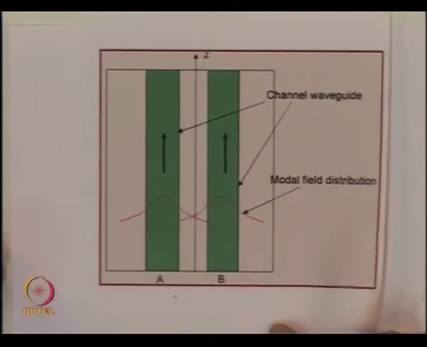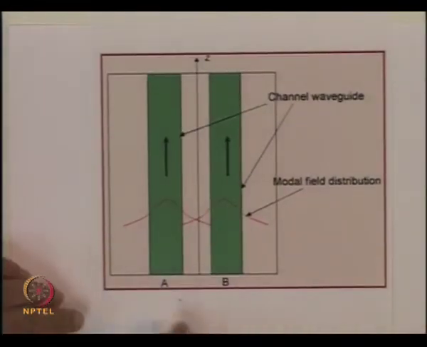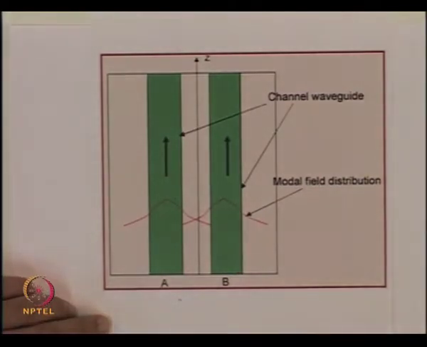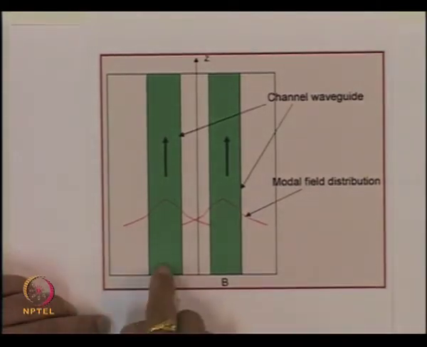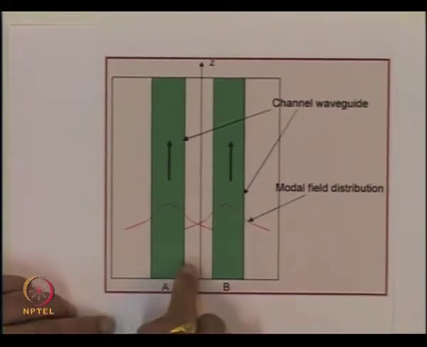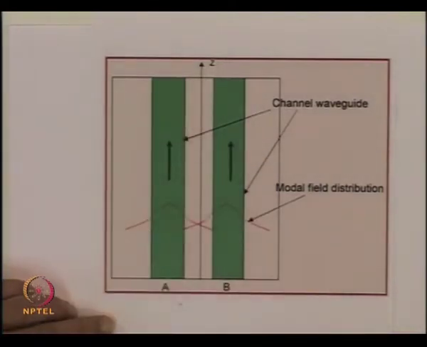So firstly, let us write down analytically, if we consider the propagation of the wave in the z direction, the signal A traveling on this waveguide A will have a variation e to the power minus j beta z with certain amplitude.